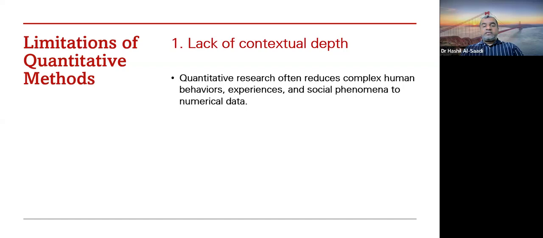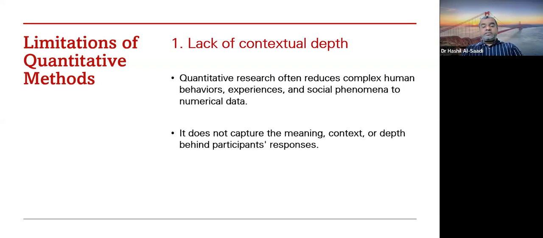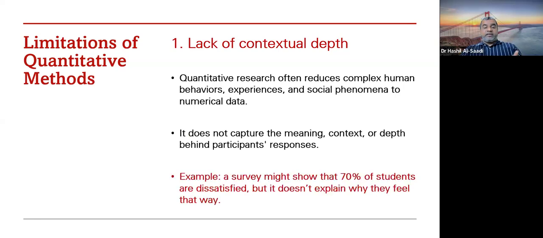So quantitative research often reduces complex human behavior. As I said, these are complex. They reduce human behaviors and experiences and social phenomena to numerical data. This can be problematic. It does not capture the meaning, the context, or the depth behind those responses and feelings. Look at this example.